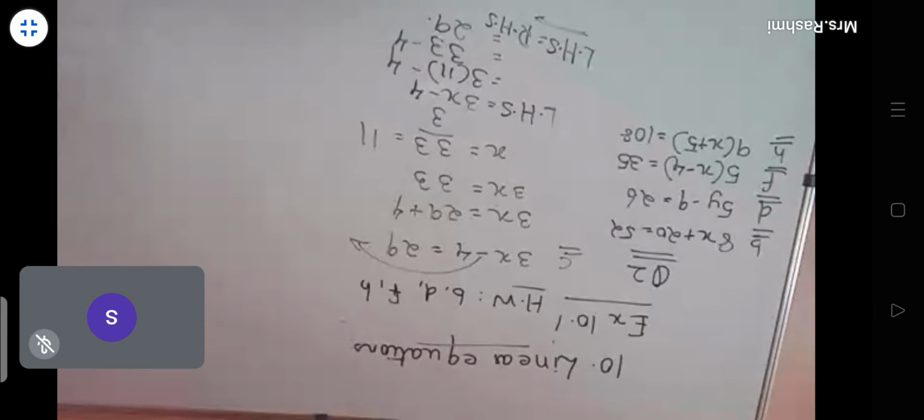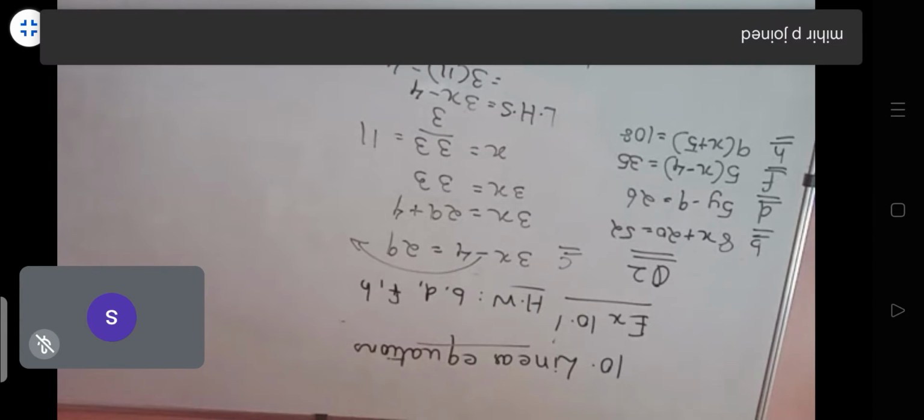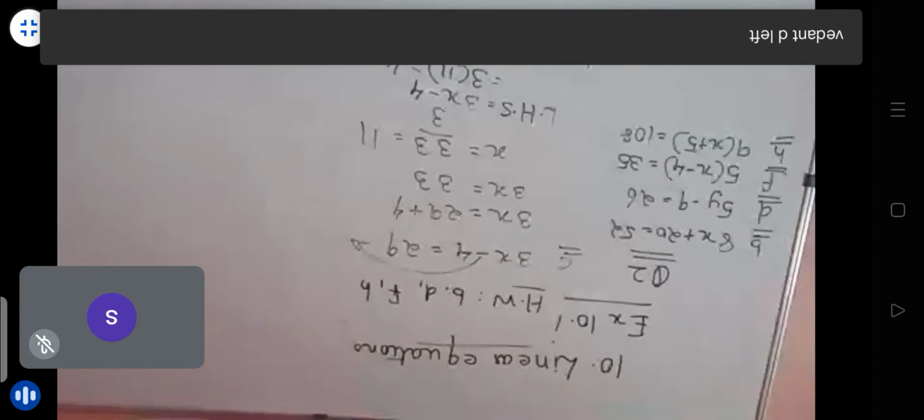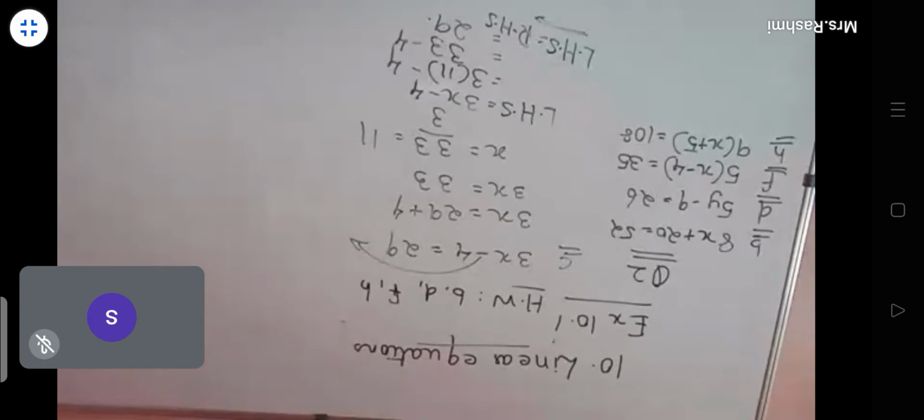Yes, ma'am. Ma'am, I got the answer of E1. Ma'am, I too got it. Okay. Wait, let the others also complete. Okay, easy now. What is the sum? 4 into x minus 8 is equal to 24.